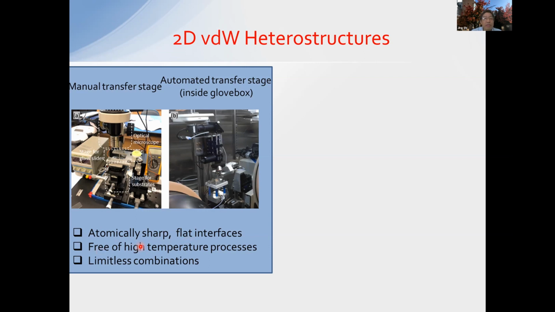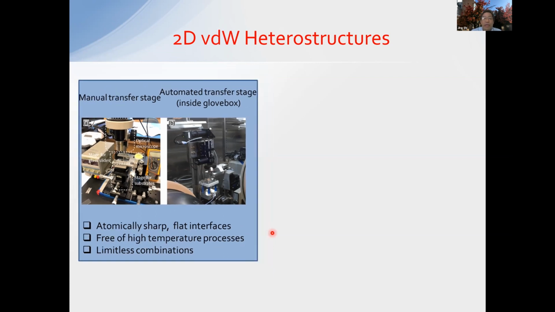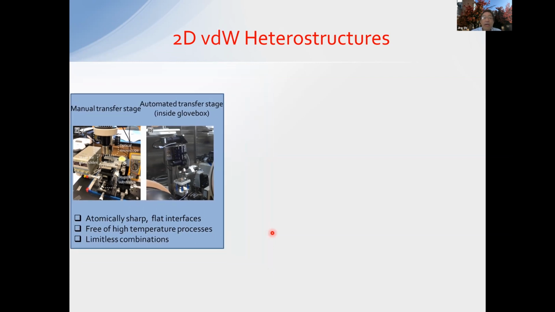Because we're not using a high temperature process, this can be done at relatively low temperature, where diffusion is greatly suppressed. Then you can imagine mixing and matching all different materials to create a larger number of heterostructures.